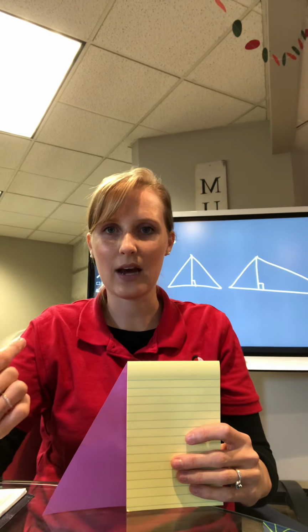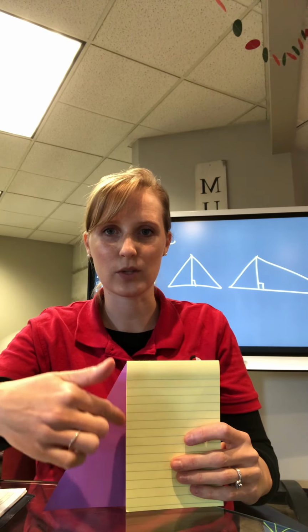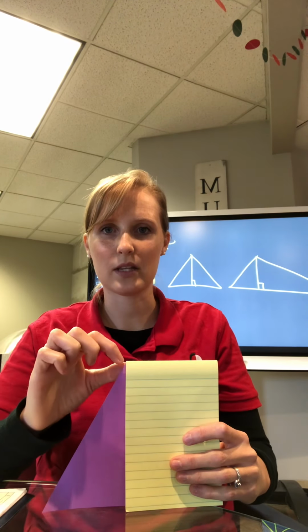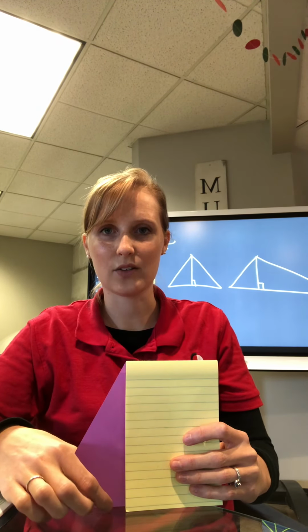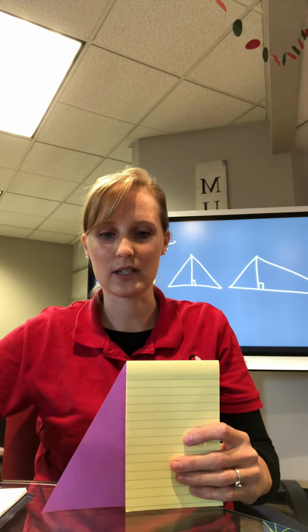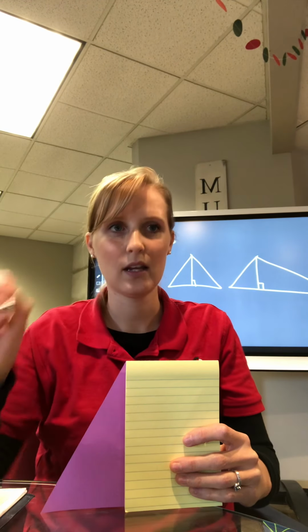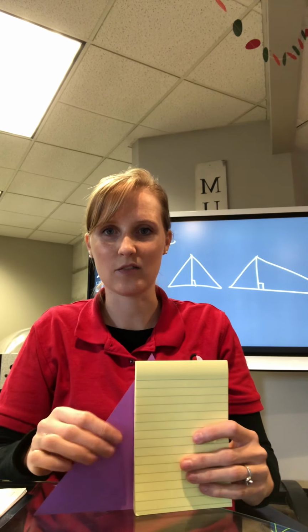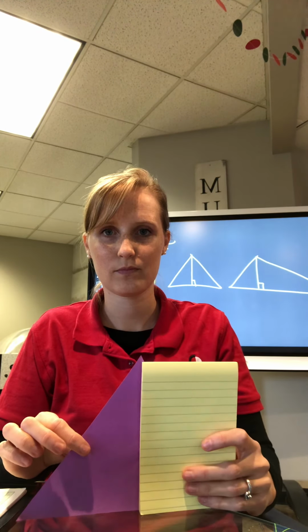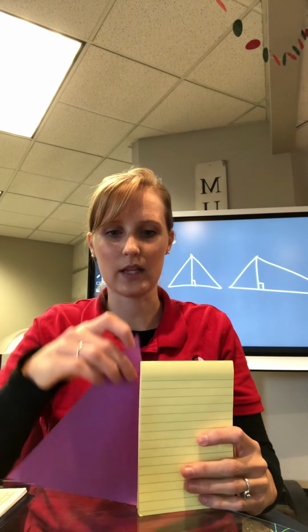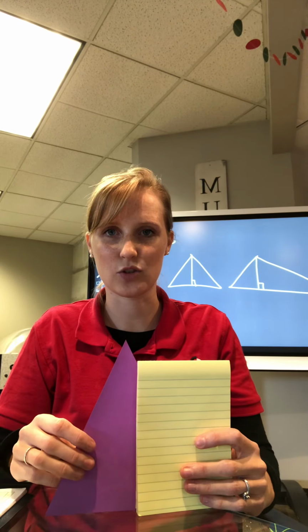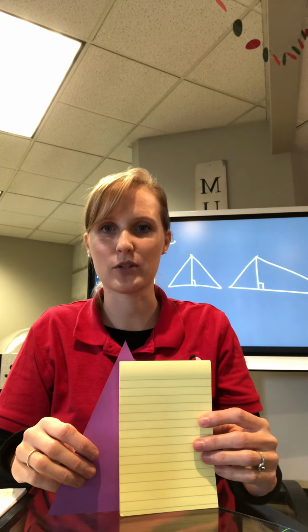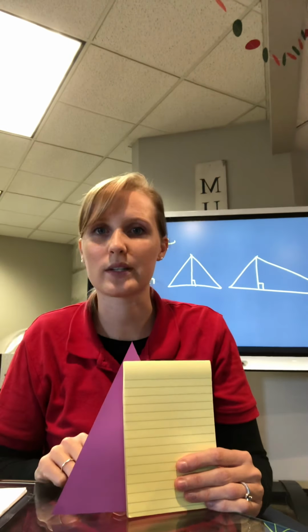And so now I have a line, if I were to trace this line, that would meet the vertex and the other side of the triangle at 90 degrees. So then I would just trace this line, and that would be the altitude. And I would do that for each of the sides of my triangle. And then obviously my straight edge is a little too short, so I would have to get a different one. But I would do that 3 times, and where they would meet is the orthocenter.